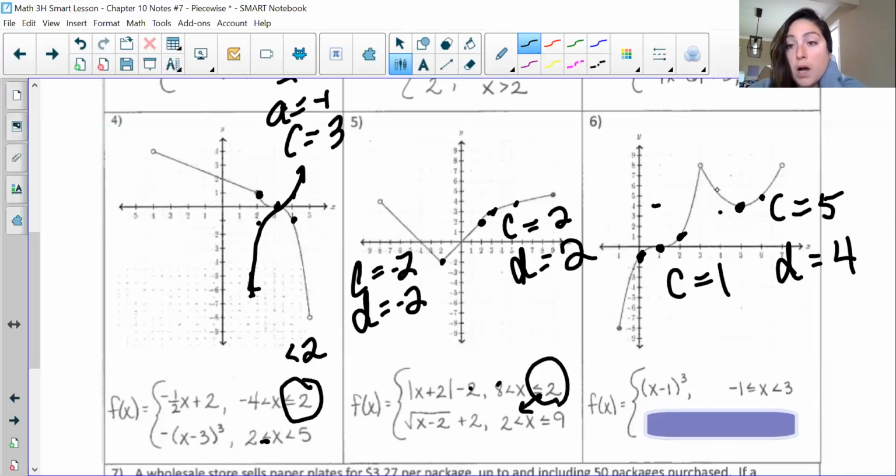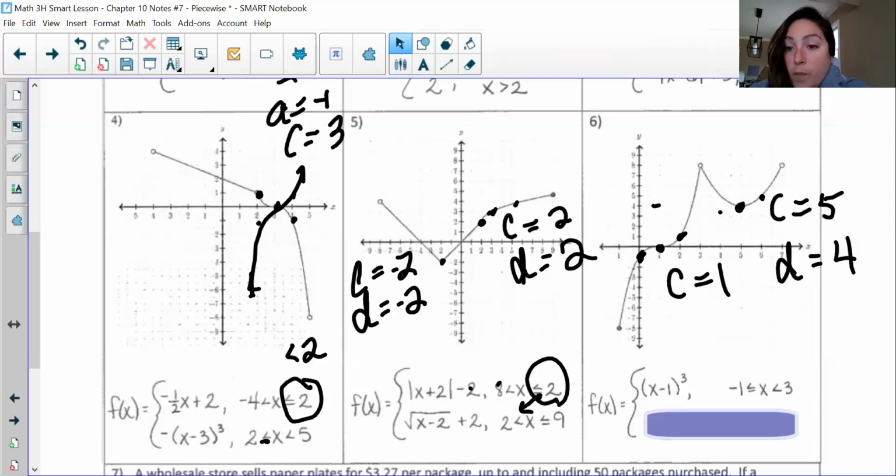So again, no vertical or horizontal stretch, just the translations. So we end up getting the domain of that 3 is less than x, which is less than 7. So we end up getting the quantity x minus 5 squared plus 4 between 3, which is less than x, which is less than 7.